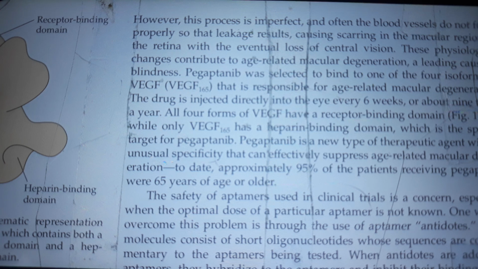Pegaptanib was selected to bind to one of the 4 isoforms of VEGF, VEGF 165, that is responsible for age-related macular degeneration.